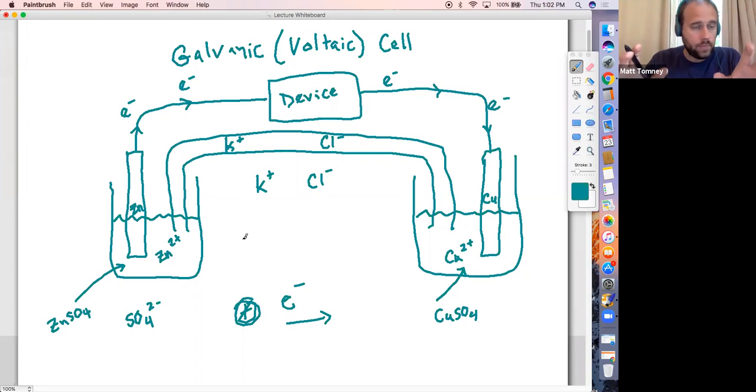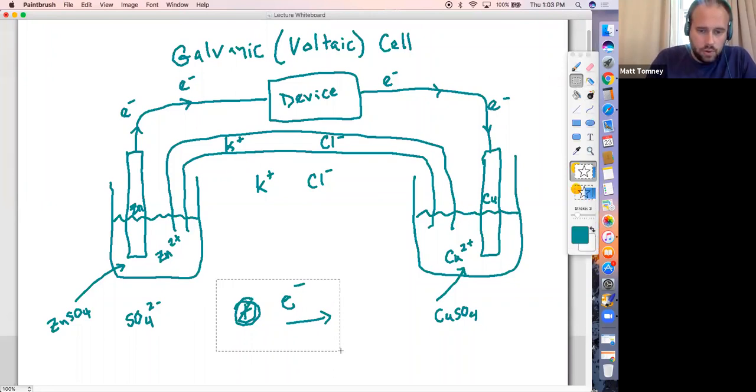And that's why the salt bridge is so important. If you don't have a proper salt bridge or something to communicate and even out between those two half cells, you're going to have a short-lived battery that's going to fail to produce proper electric current after a small period of time.